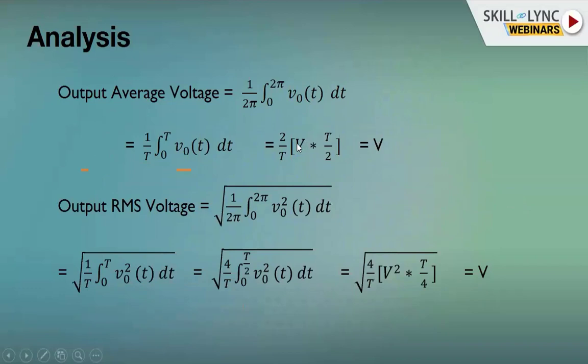I again repeat, it's a rectangle, so the rectangle area will be length into breadth. Length is the magnitude of that square wave, V, and the breadth is half the time period, T by 2. As you could see over here, this T by 2 and 2 by T get cancelled. You'll be getting a voltage V. That means the total input voltage is nothing but the average output voltage got in a half bridge inverter circuit.